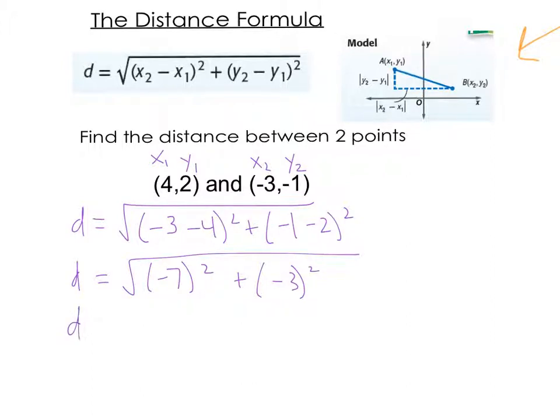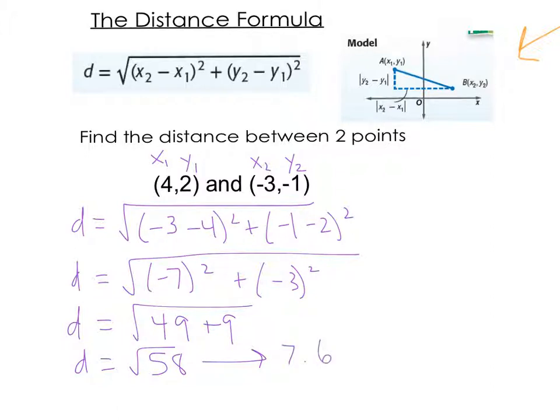So now negative 7 squared is 49, negative 3 squared is 9, so square root of 49 plus 9 is square root of 58, which we could type in our calculator, round to the nearest hundredth, and get 7.62. And I could say units, because distance is just in units, so 7.62 units. Really not too difficult, just using the formula, making sure you are plugging in those coordinates correctly.